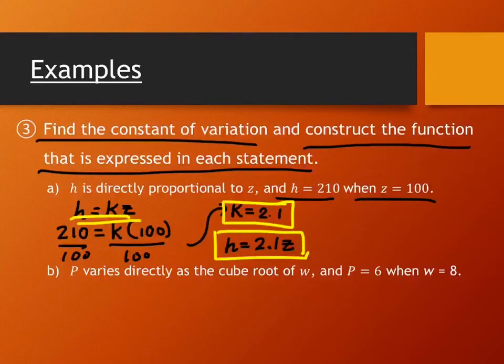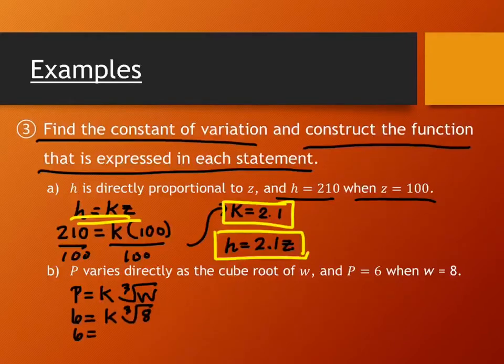All right, same directions. P varies directly as the cube root of w. So direct variation, P equals K times, and it says the cube root of W. So the cube root of W would look like this. And then they give us values. P is equal to 6 when W is equal to 8. So K times the cube root of 8.